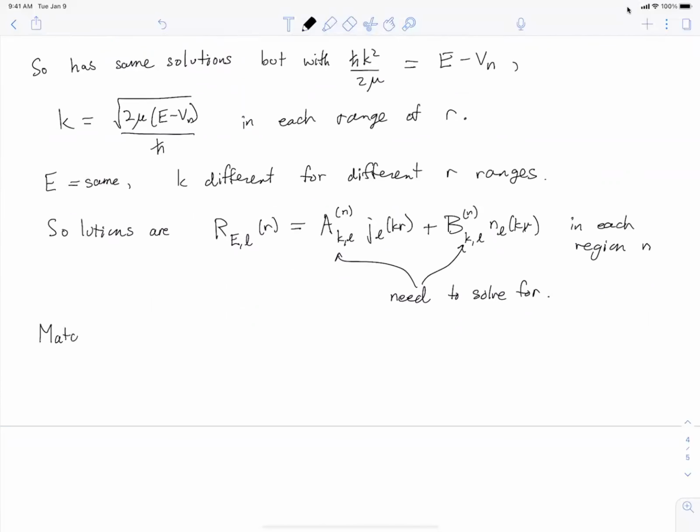We're going to do one of two things. One is to match the radial wave functions and their first derivatives with respect to r at the join points.